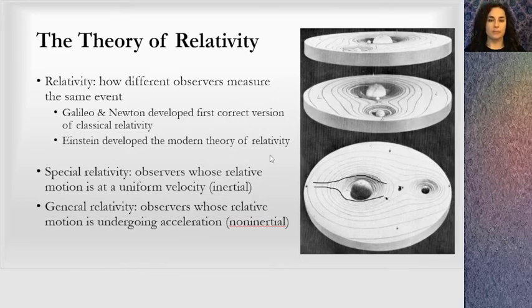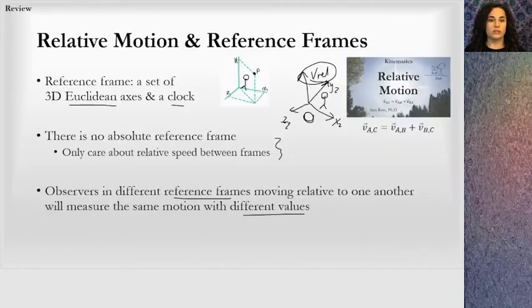So what you need to know about relativity is that Galileo and Newton, Newtonian physics, Newton's laws, developed the first correct version of classical relativity. And when I say classical relativity, I'm talking about the things that I talked about in the relative motion, where I'm looking at relative motion between a couple of objects.